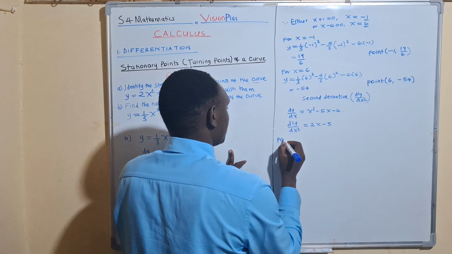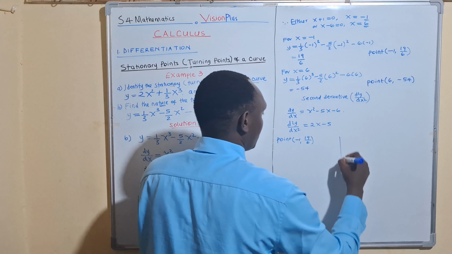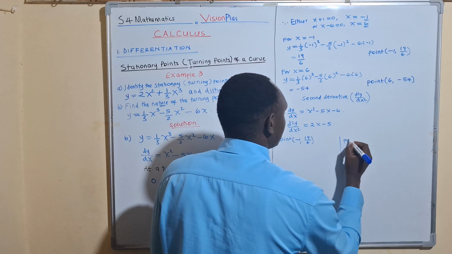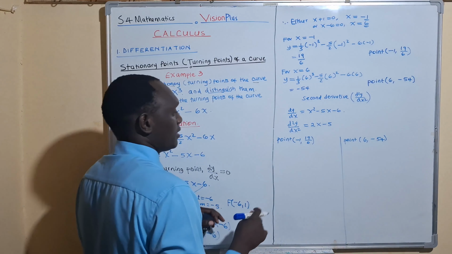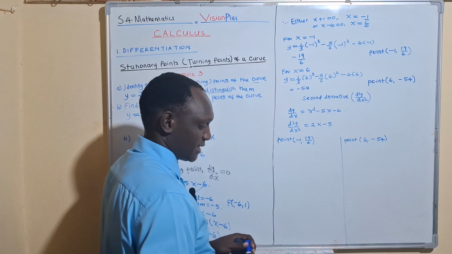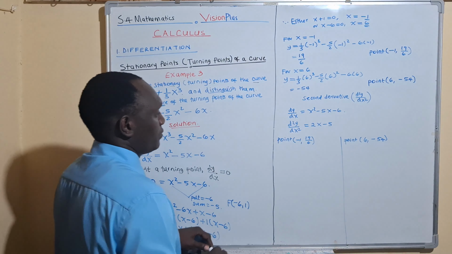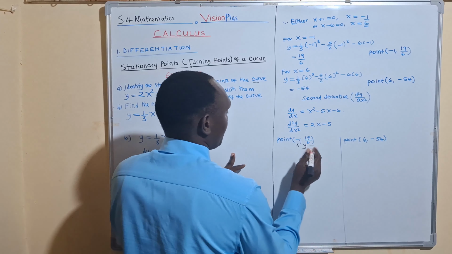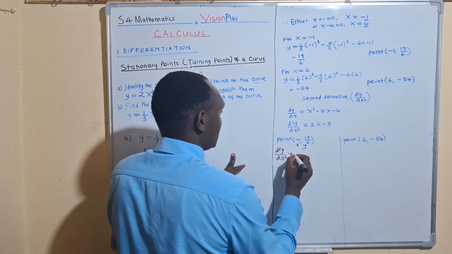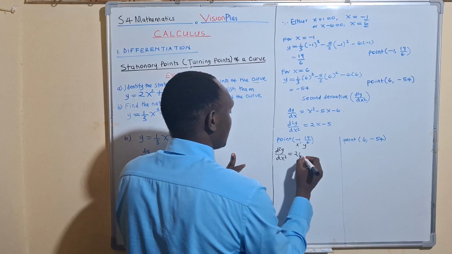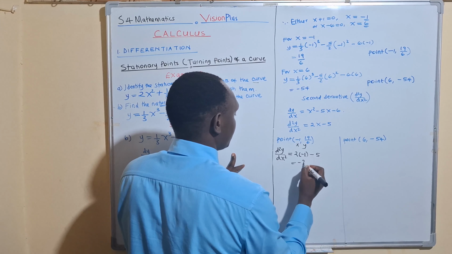Now I'm going to test for the first point, which is negative 1, 19/6, and then I'll test the second point, 6 and negative 54. In both points, we shall use the second derivative. We say this is x, this is y. We substitute for x here. So d squared y/dx squared becomes 2 times negative 1 minus 5, which gives us negative 7.